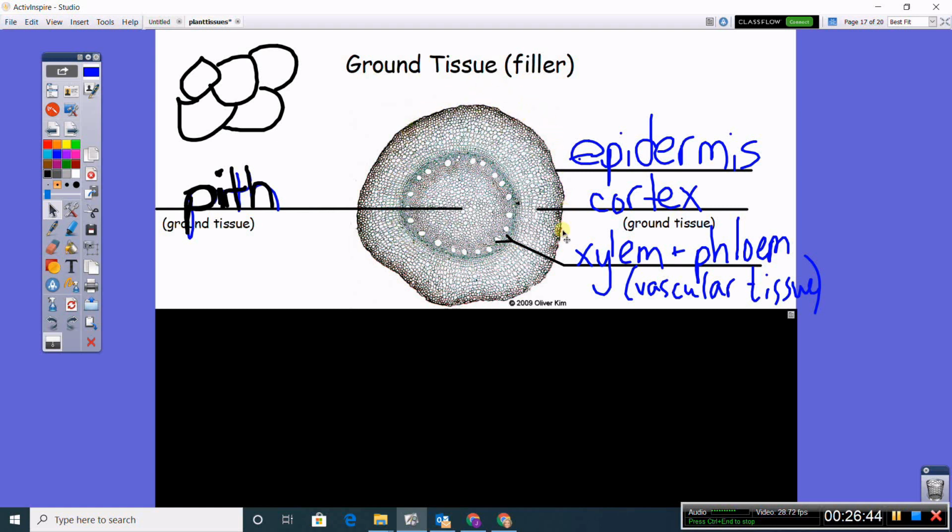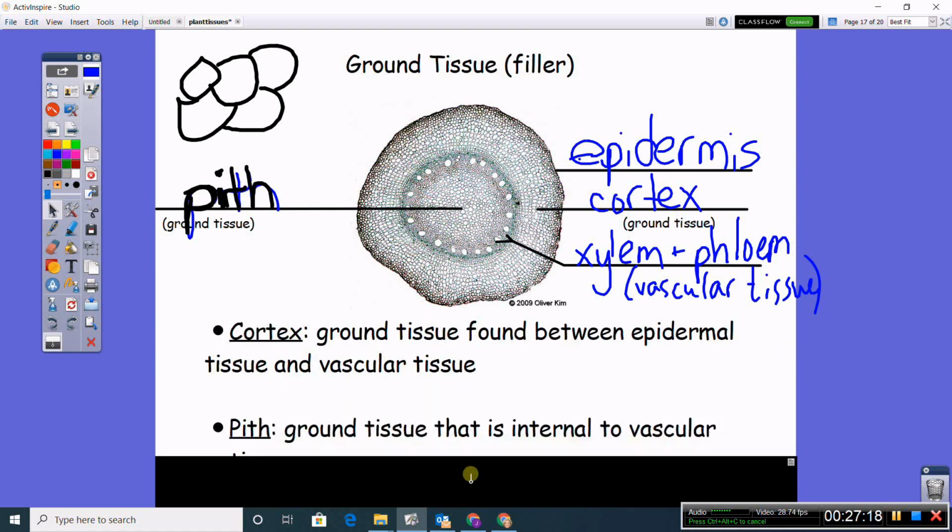And these are some of the key structures that you might see. So the center of that, where you're just looking mainly at parenchyma cells, that's called the pith, okay? Epidermis is the layer of cells on the outside. The cortex is in between the epidermis and the endodermis. And then these little circles, you have big circles and little circles, that's your xylem and phloem. So you're going to get better exposed to that a little bit tomorrow.